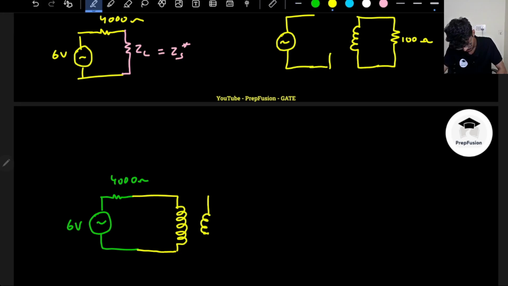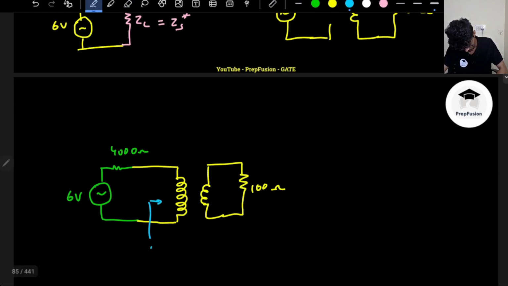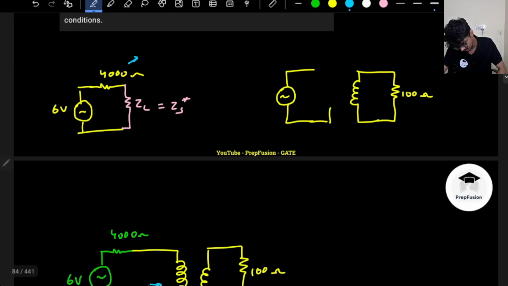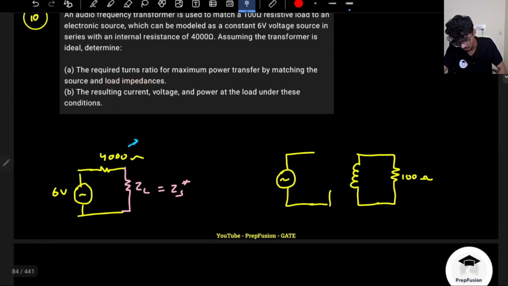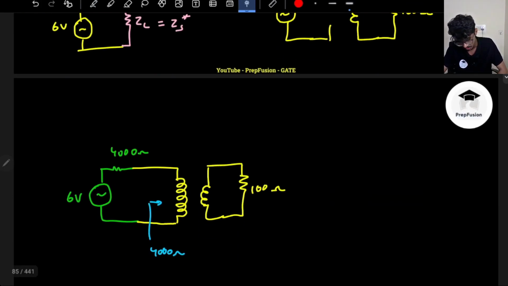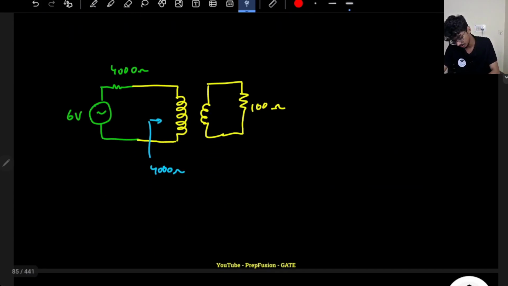I have a 100 ohm impedance here, but from here I need actually 4000 ohms. So what are they asking? They are asking me the required turns ratio for maximum power transfer by matching the source and load impedance.